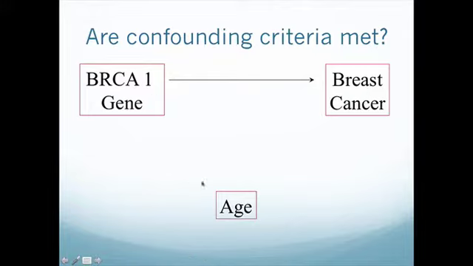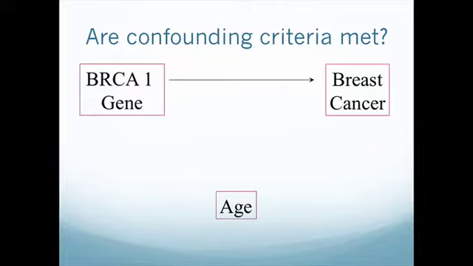So let's start with the first criterion. Our exposure and our third factor are correlated with each other. Well, we can stop right there. Whether or not you have a genetic predisposition or a specific allele is unrelated to your age, right? You're born with that.